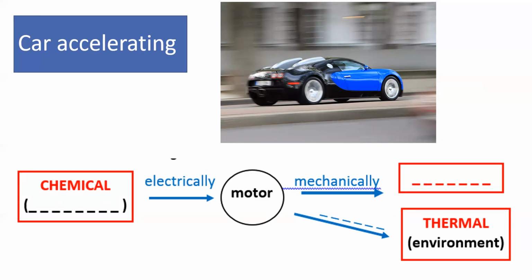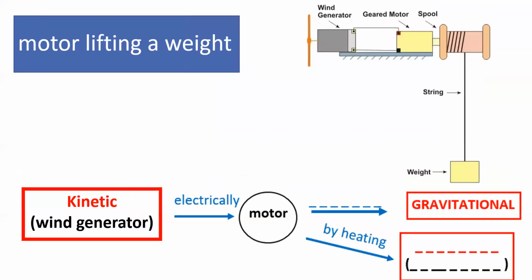So the engine uses the petrol or the diesel, which is a chemical energy, and changes it to electrical energy, which goes into the motor. Now the motor moves, so it's mechanical or kinetic, and then it also produces heat, and then you get heat energy coming up.